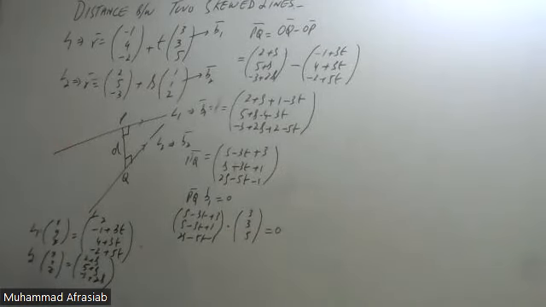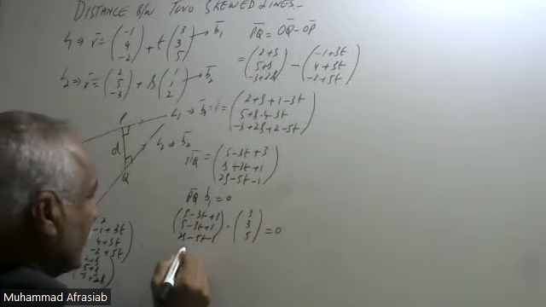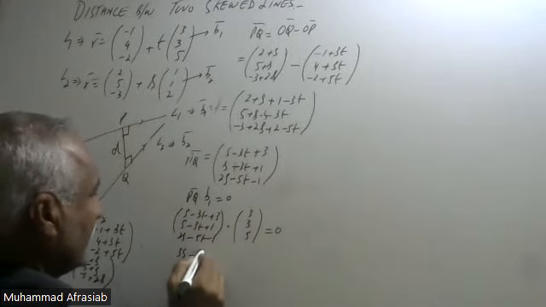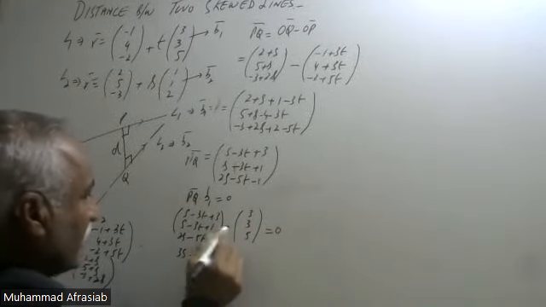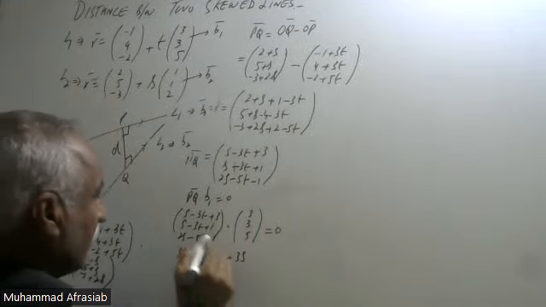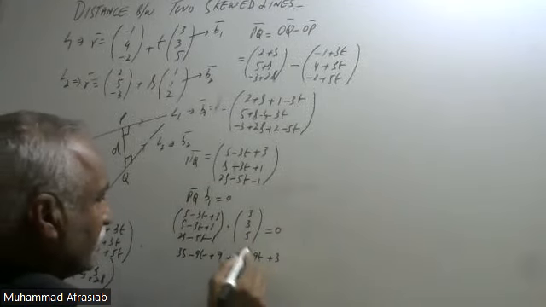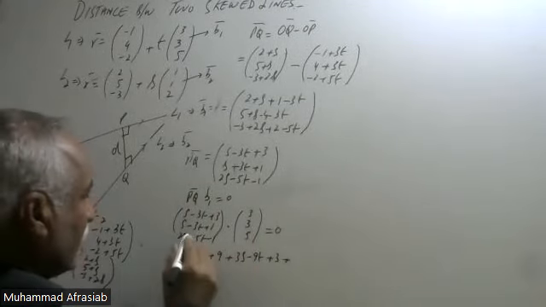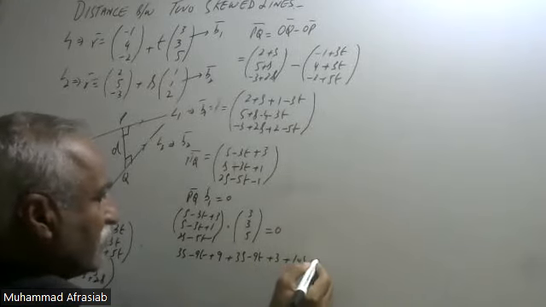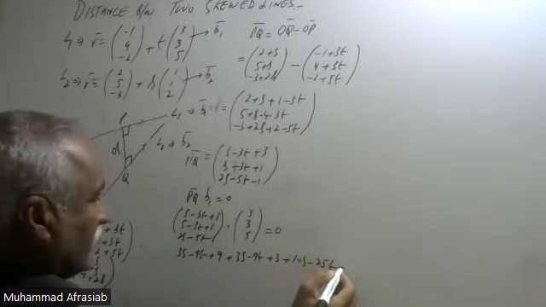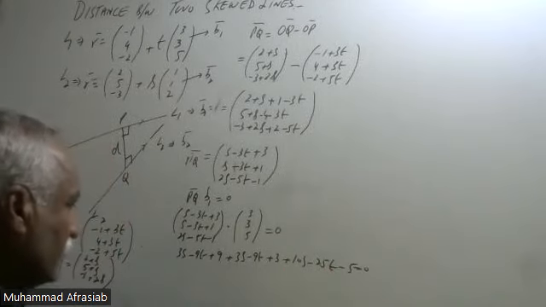This will give us 3s minus 9t plus 9 plus 3s minus 9t plus 3 plus 10s minus 25t minus 5 equal to 0.